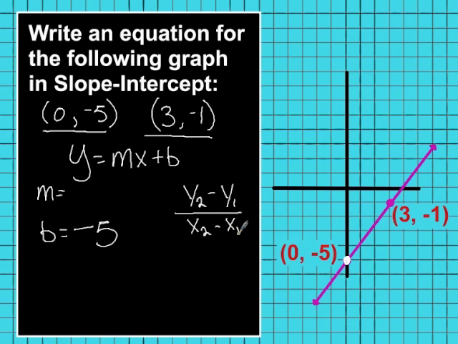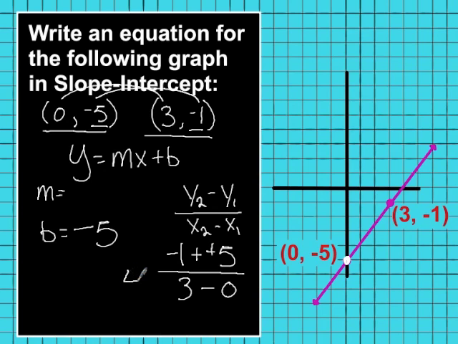Looking at our 2 points, we have y2 minus y1, so we're going to have -1 minus -5 over 3 minus 0. Looking at -1 minus -5, keep change: -1 plus 5 gives us 4.